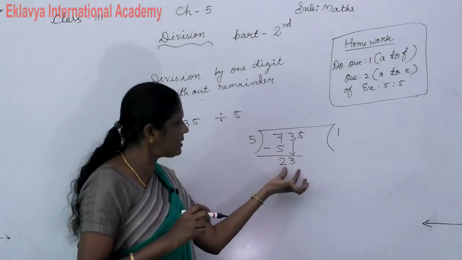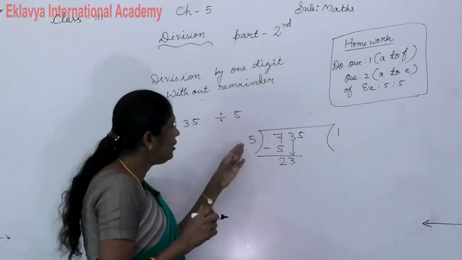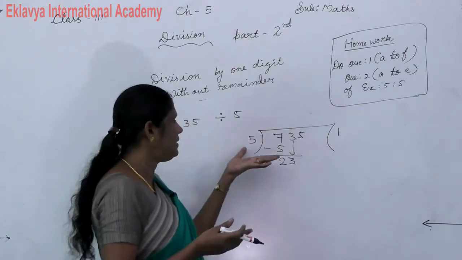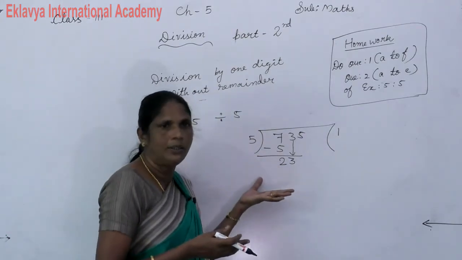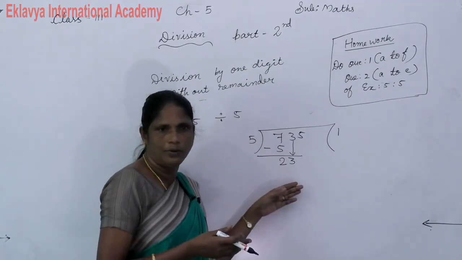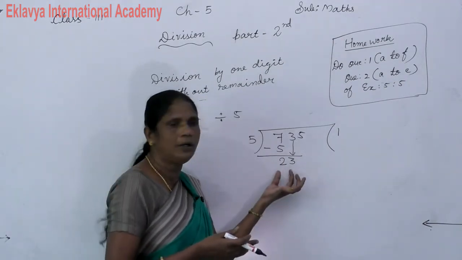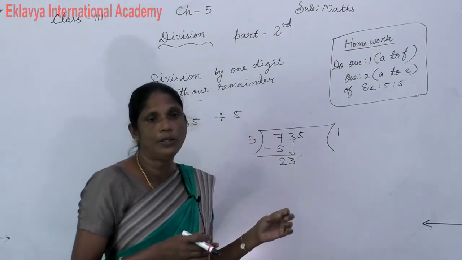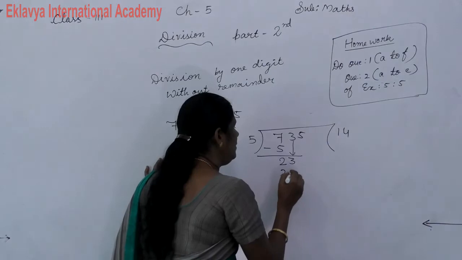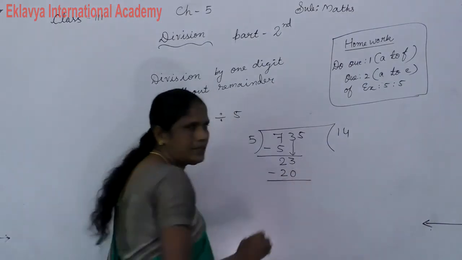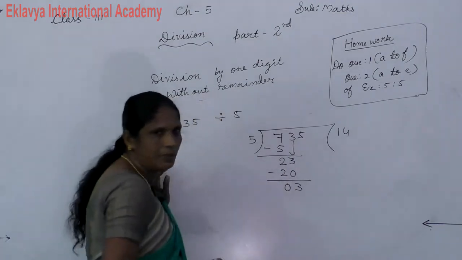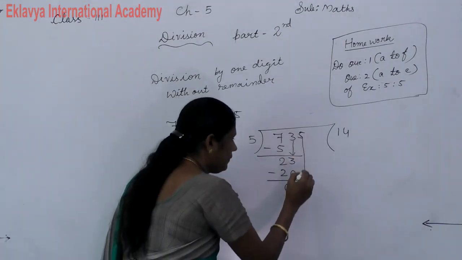Again you say the table of 5. 5 1 ja 5, 5 2 ja 10, 15, 20, 25. 25 is not here. Only 23. How many times gone? 4 times. Then 20. Then minus this, 3. Then which number comes downside? 5.